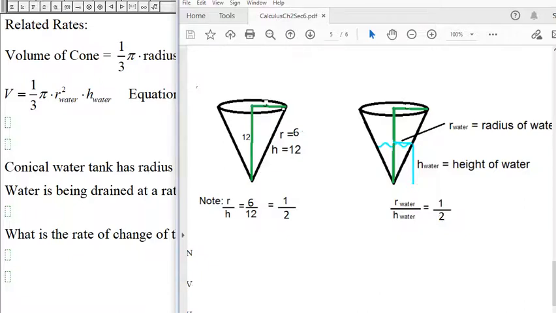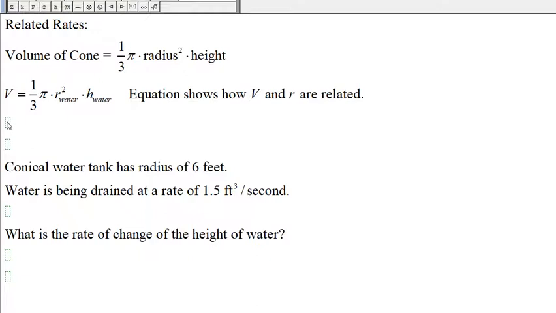Cross multiplying, we get R times 2, which is 2R, and 1 times H is 1H. So H is equal to 2 times the radius. H of water is equal to 2 times the radius of the water.